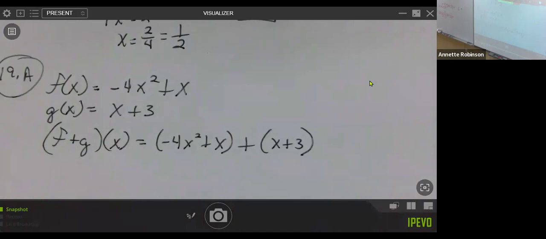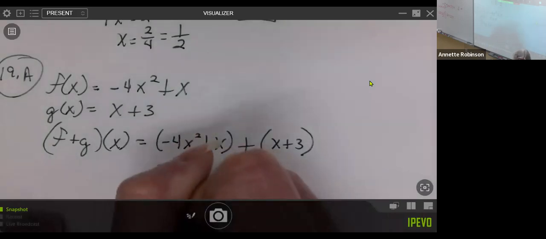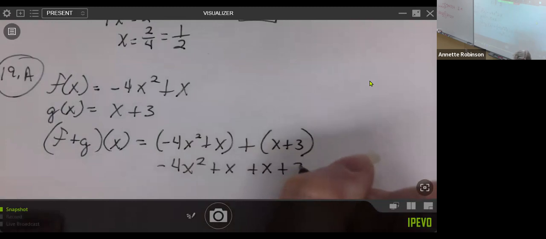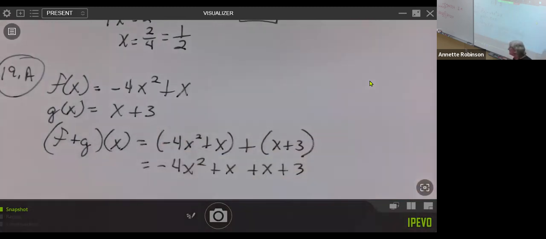Is there anything to keep me from dropping the parentheses around the x plus 3? So if I drop the parentheses, is that the answer you're going to give? Why not? We've got some cleaning up to do.